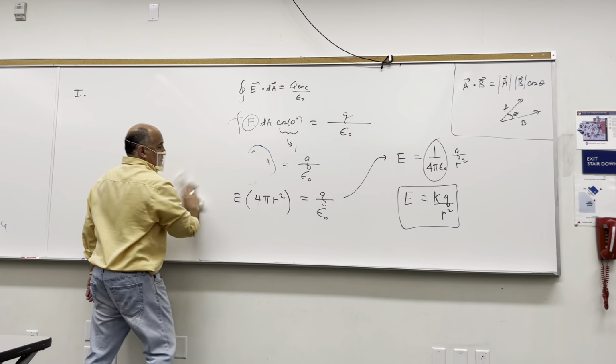So this would be r less than a. For any r less than a, that's inside the sphere. So what's the electric field over here? Zero. How do you know it's zero? Because it's on the inside of an electrostatic conductor. Exactly. We're inside the conducting sphere that's in electrostatic equilibrium. So the answer is zero.